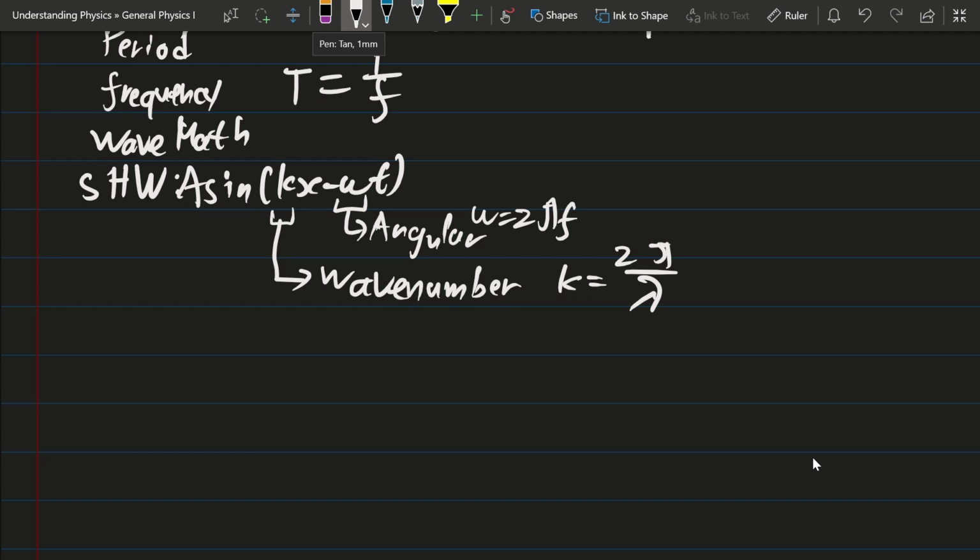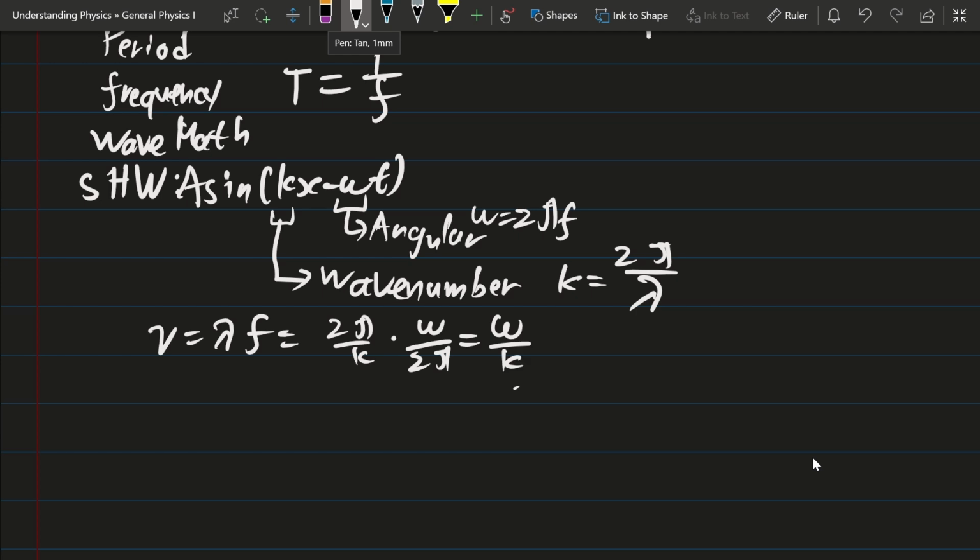If you look at this more carefully, you could see that v is lambda f, so you could write this as 2 pi over k, multiplied by omega over 2 pi. So this will be omega over k, and this is the velocity of the wave.